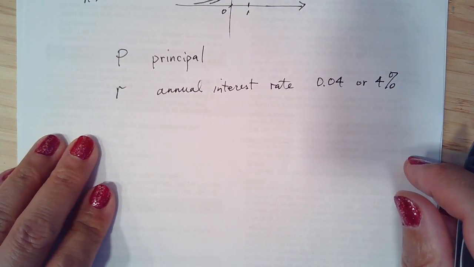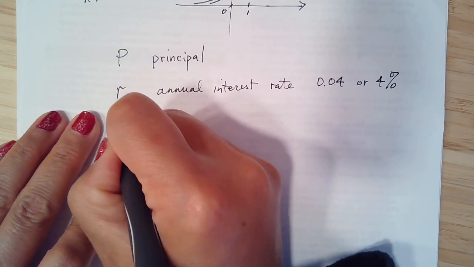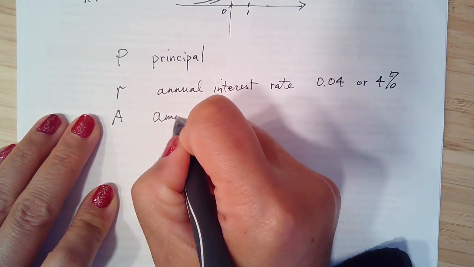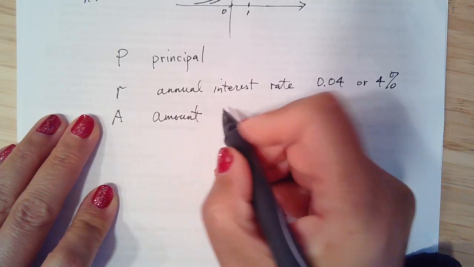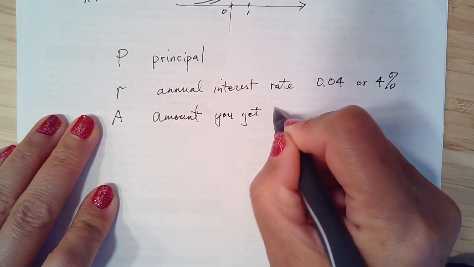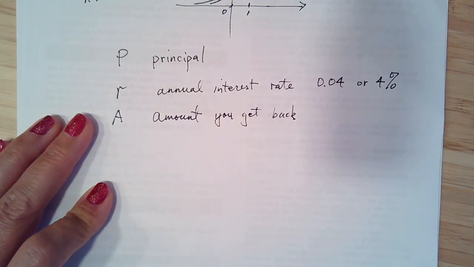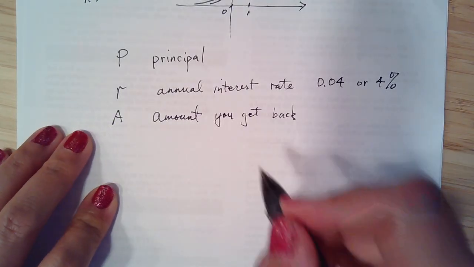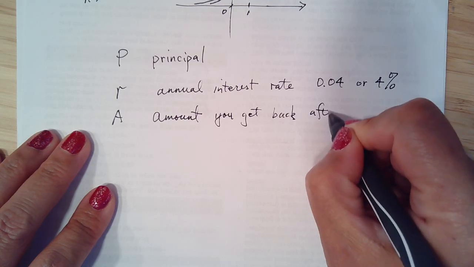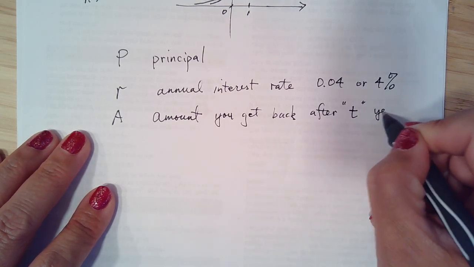And then what's the other thing you need to know? A is the amount you get back after t years.